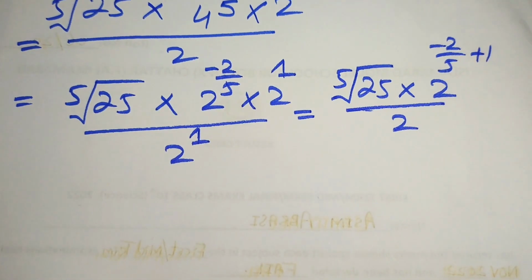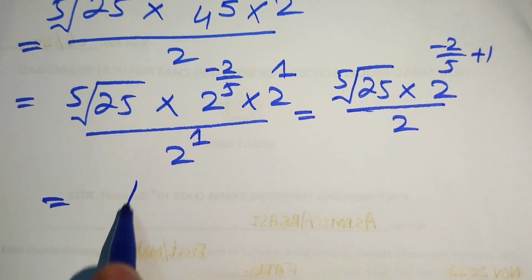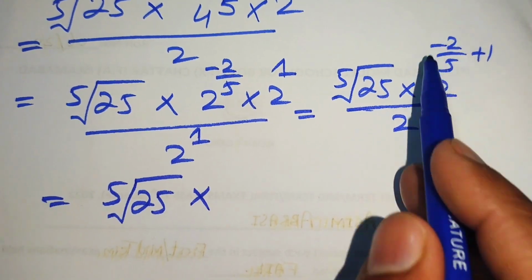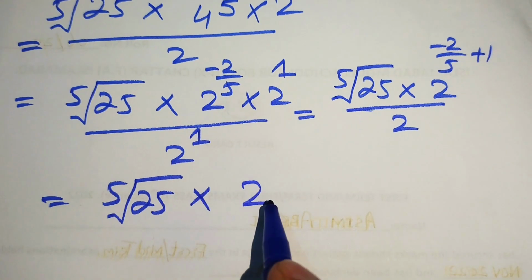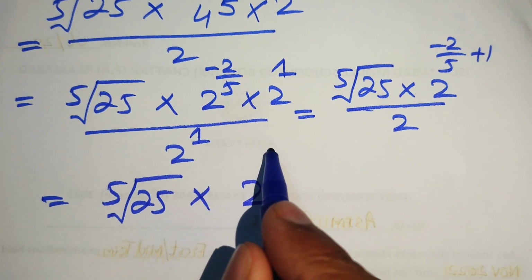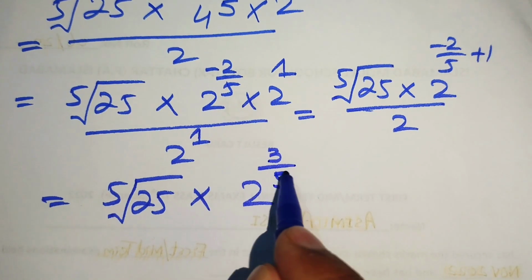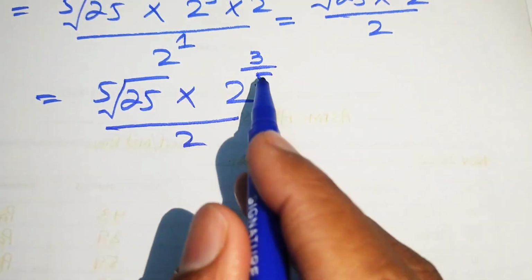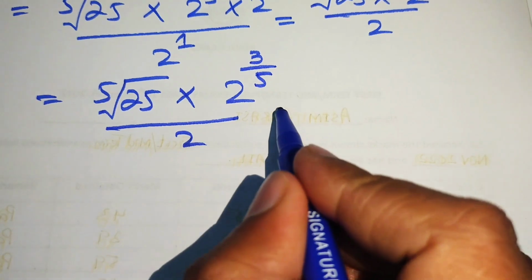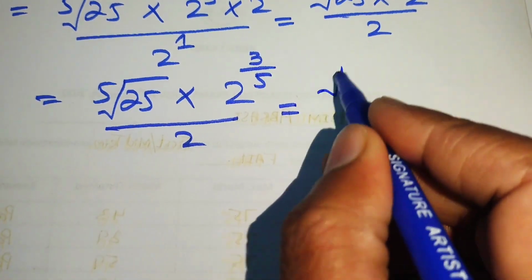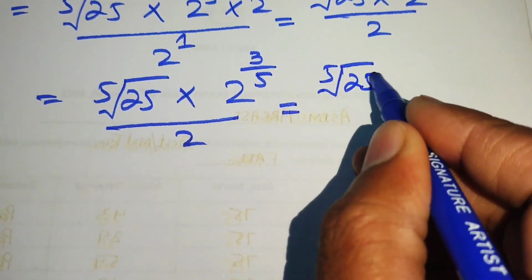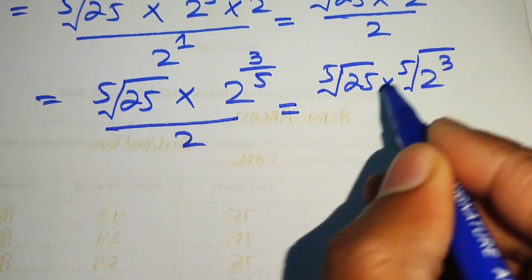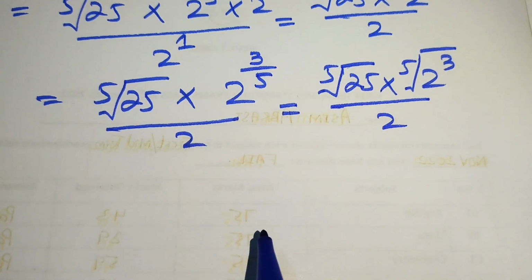Further, when you take the LCM of these terms, it will be written as 2 to the power of 3 over 5, divided by 2. Here again we convert this exponential form into the radical form, so we write it as the fifth root of 25 multiplied by the fifth root of 2 cubed, and it is divided by 2.